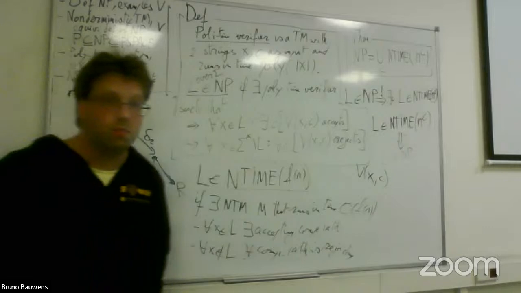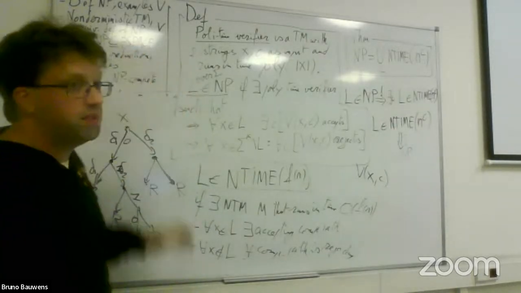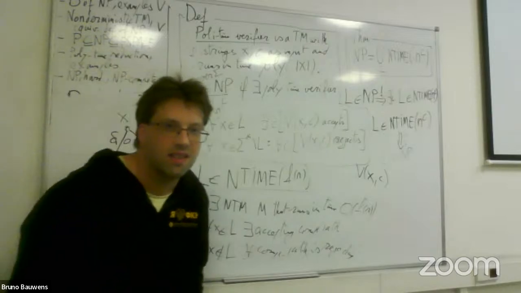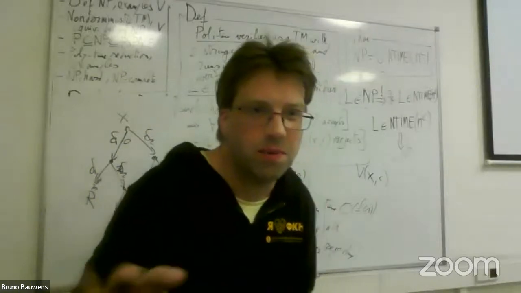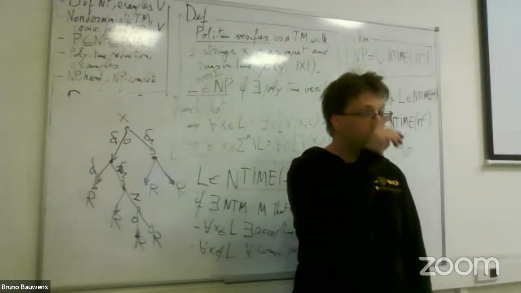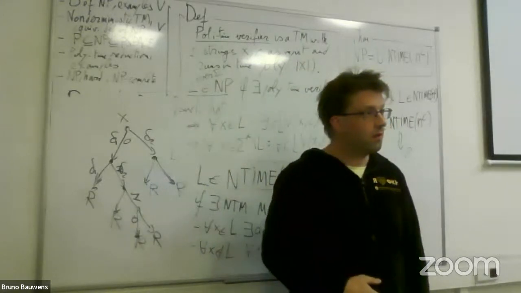Okay, second inequality: NP is a subset of PSPACE. If we use only polynomial space, then we can't mark more than a polynomial number of cells on our tape.